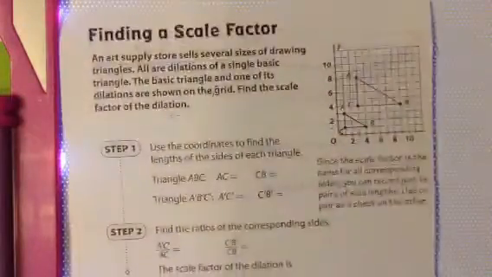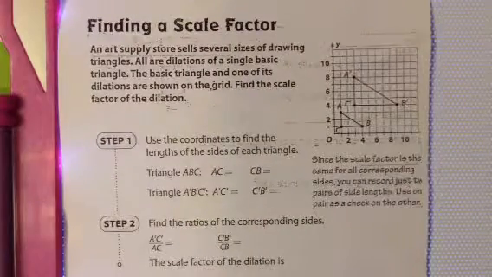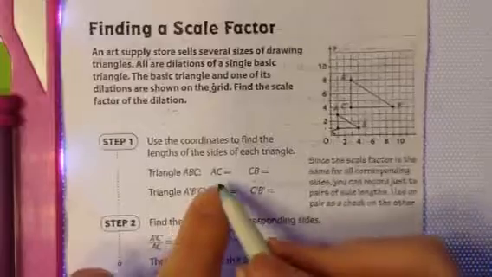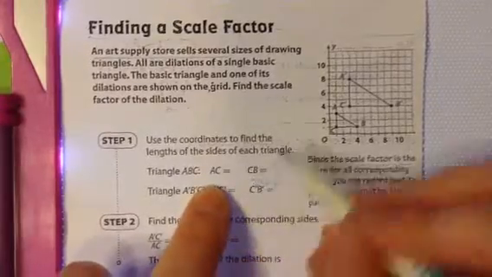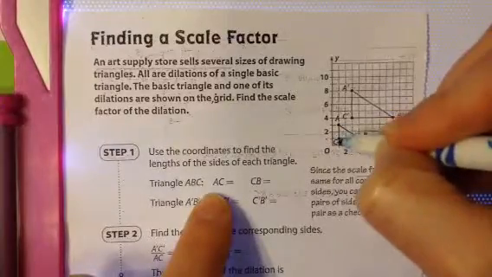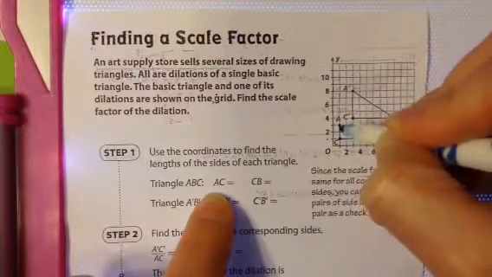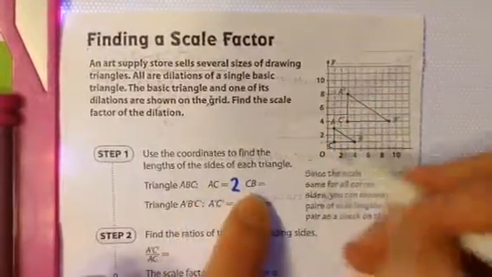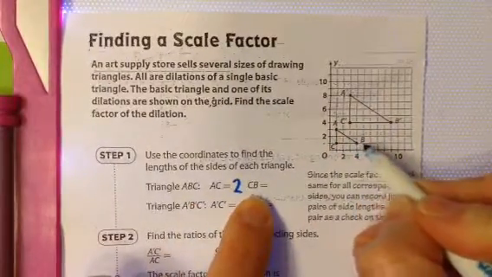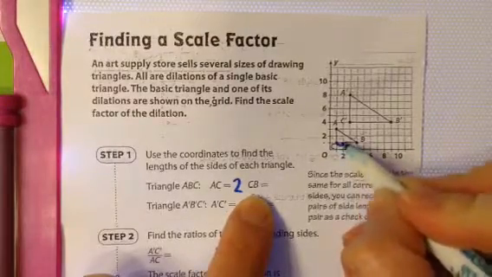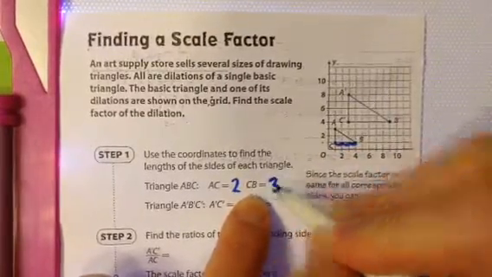Okay, well, it wants triangle ABC, but it wants the side AC. So I'm on the original, and it's right here, so it's the little one, and that side length is 2. CB is across the bottom, and it is 1, 2, 3 units.